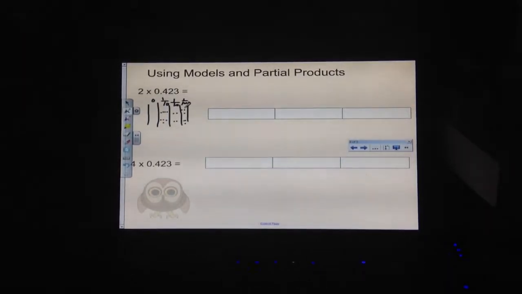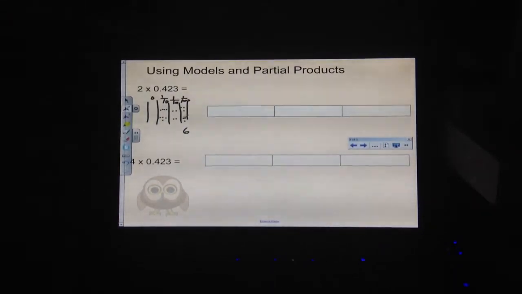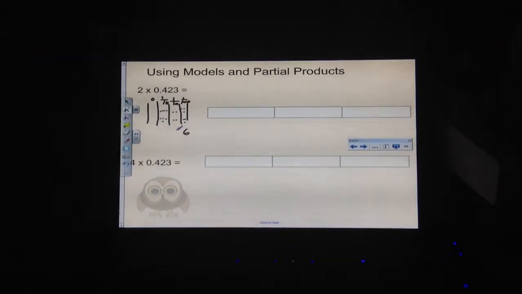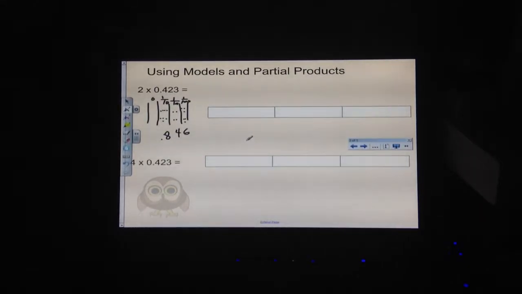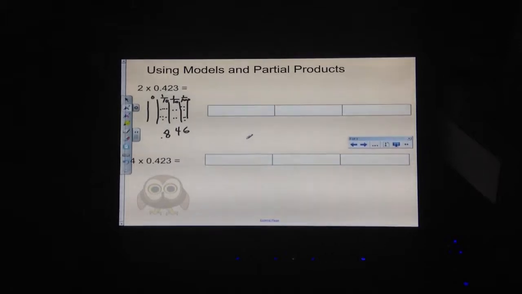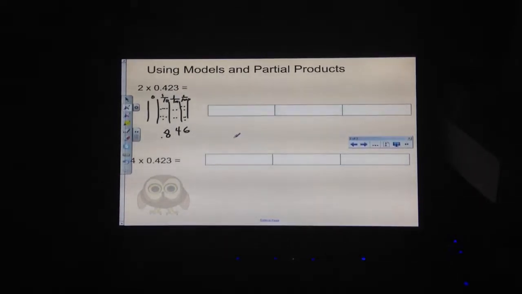If I go down and add them up, I would start in the thousands column. I have 6 thousandths. I have 4 hundredths. And over here, I would have 8 tenths. So my answer would be 846 thousandths.